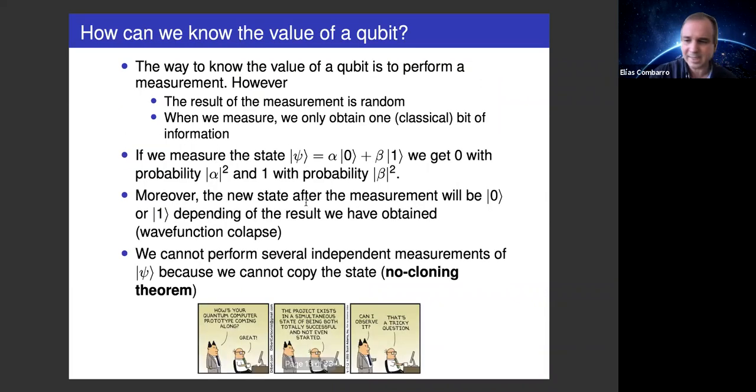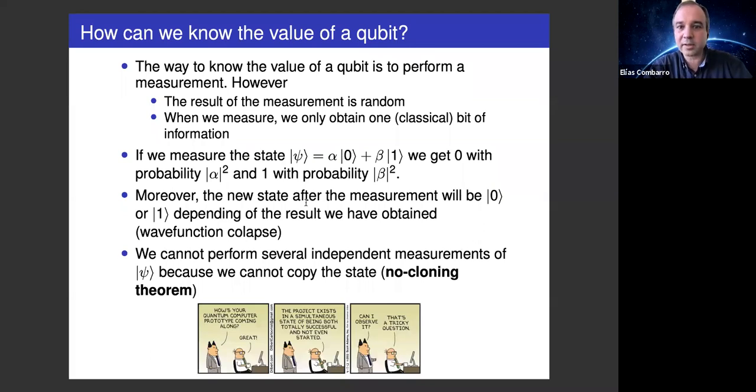Why do we need these values to add up to 1? This comes from the fact that when we want to know the value of a qubit, we need to perform a physical measurement. And when we perform a physical measurement in a quantum system, as you know, the system collapses.